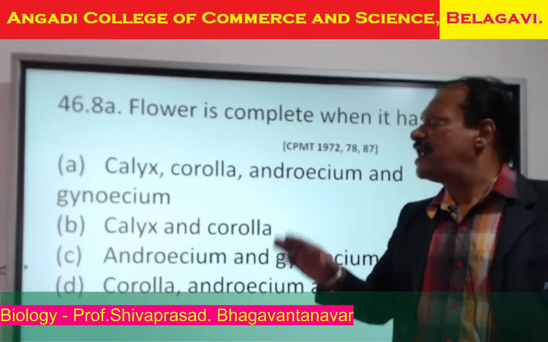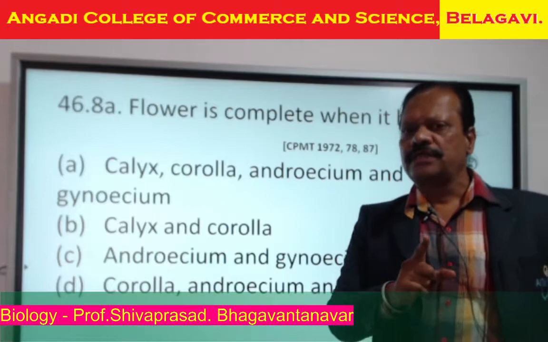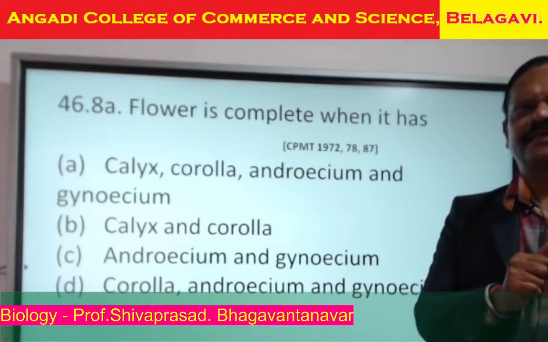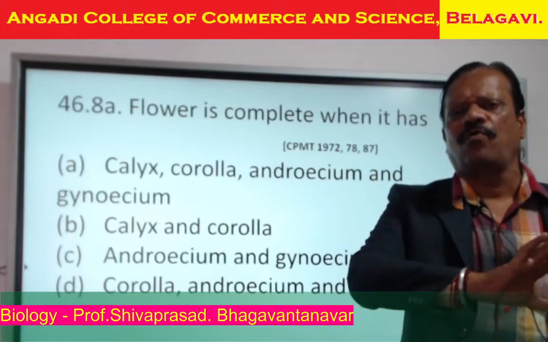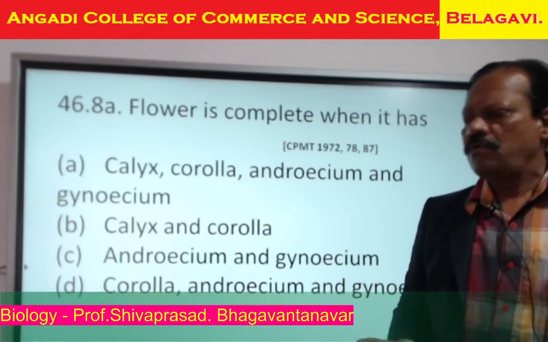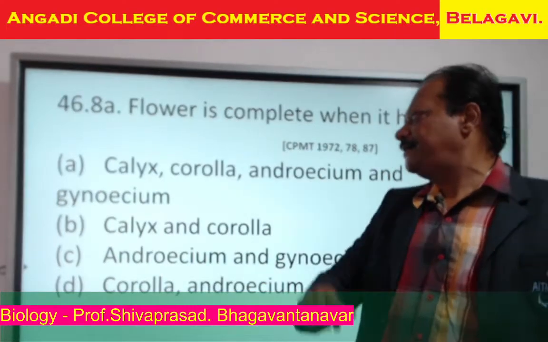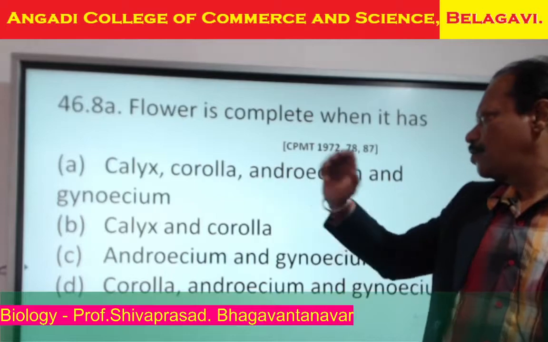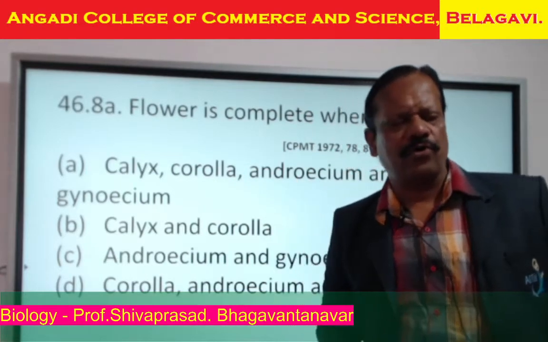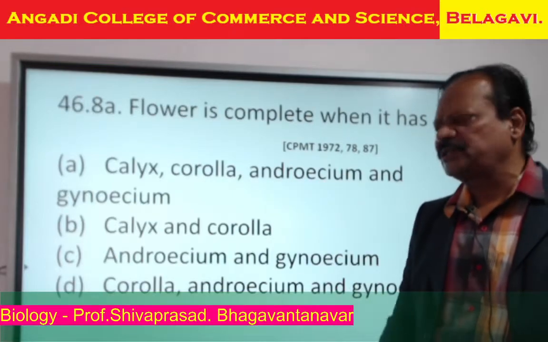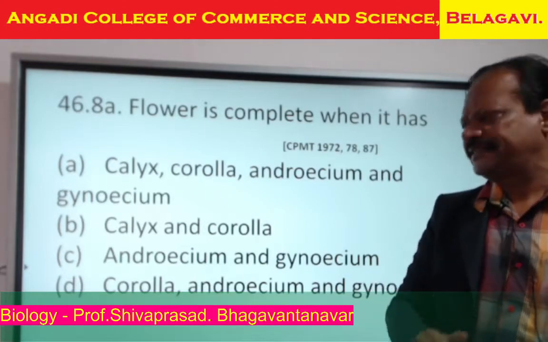Now, a flower is complete when it has, I told you, the complete flower in the sense calyx, corolla, androecium, gynoecium, all four whorls are required. We'll see here now in the options what they are given. Option A, calyx, corolla, androecium and gynoecium, all four whorls are given. Next option B, calyx and corolla. Okay, only two whorls are given.